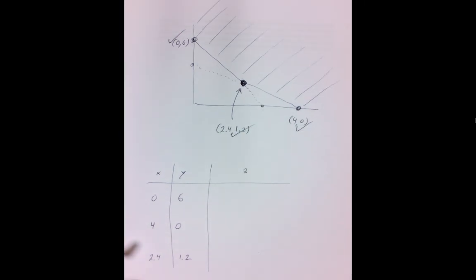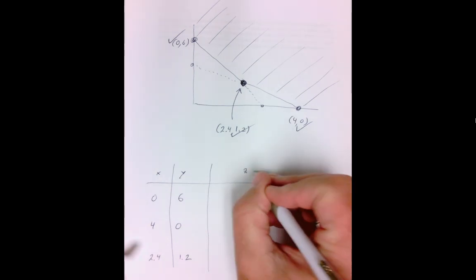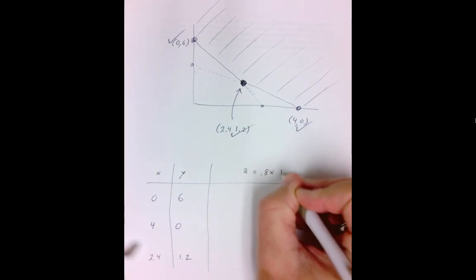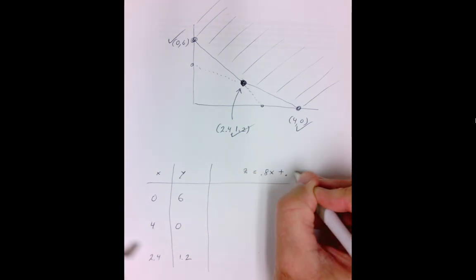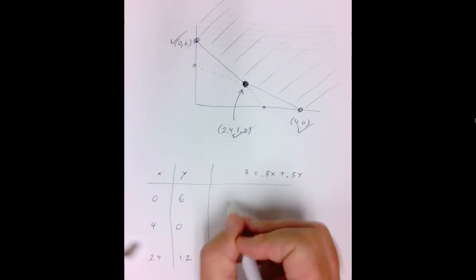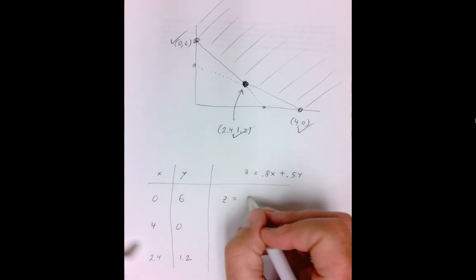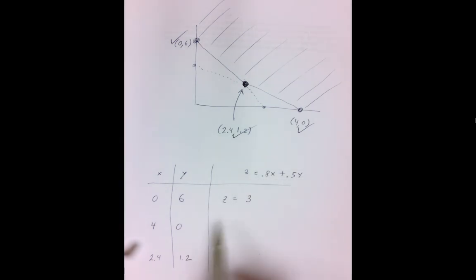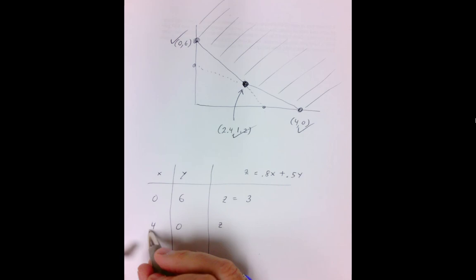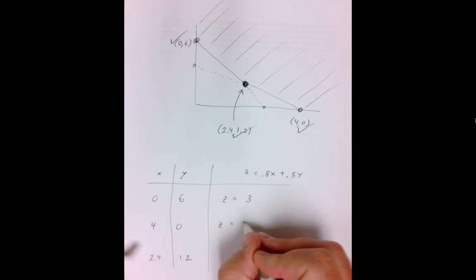Remember, our z is 0.8x plus 0.5y. So we can have our z in this case as 6 times 0.5. We can have our z in this case as 4 times 0.8.